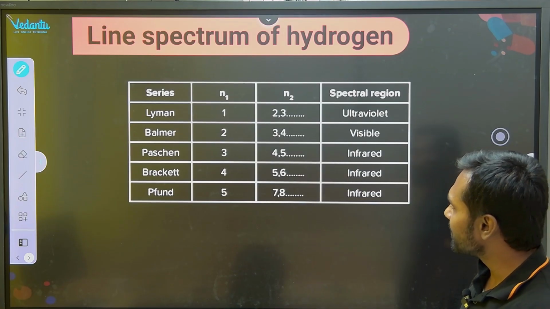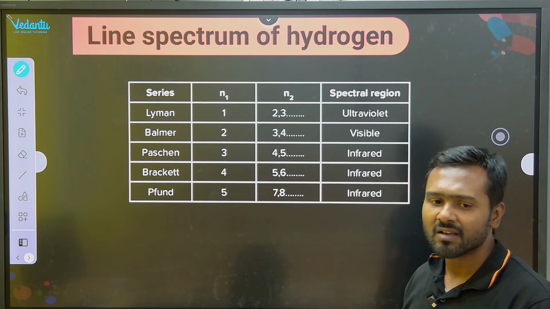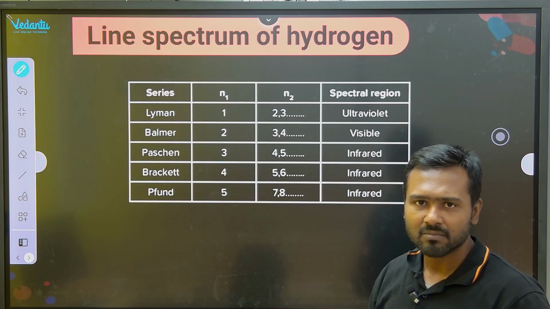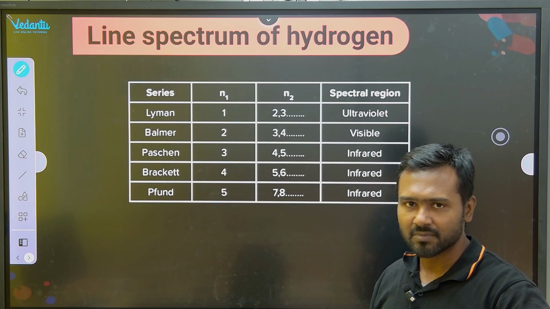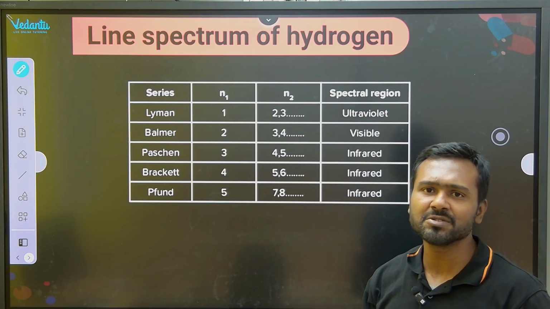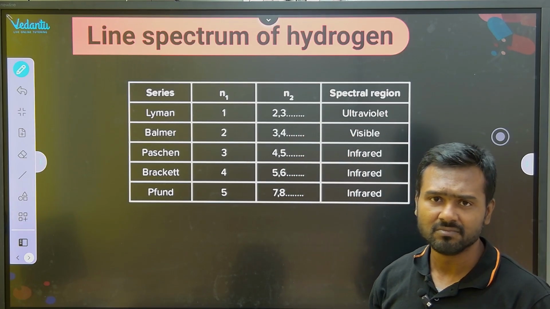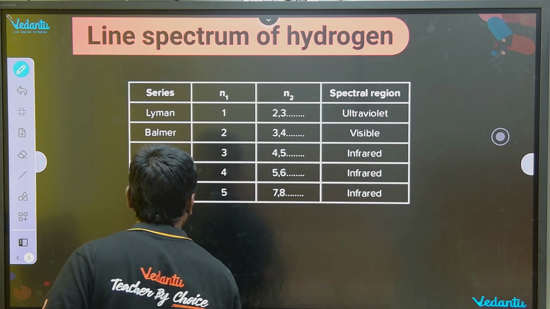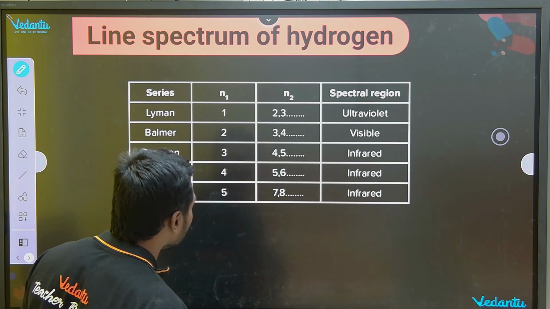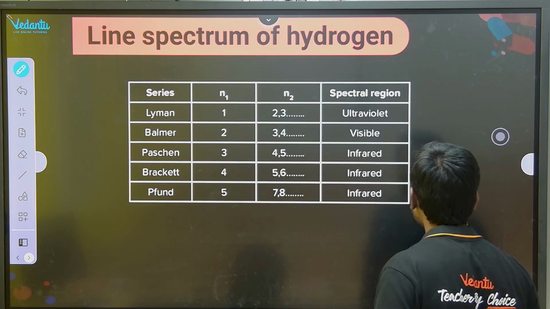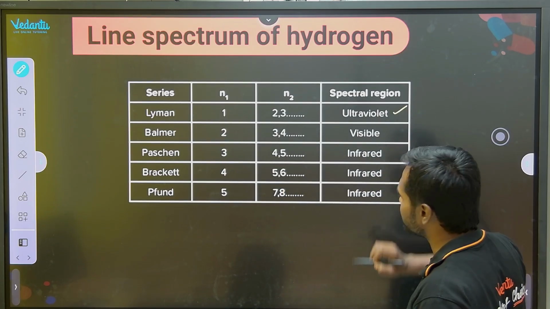So when do you get a line spectrum? If the electron is excited from the first level to any level, that is absorption spectrum. If it comes from any level to the first level, then that is emission spectrum. Both are the same; one is emitting, one is absorbing. Lyman series falls under the UV region.